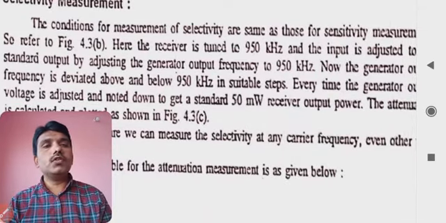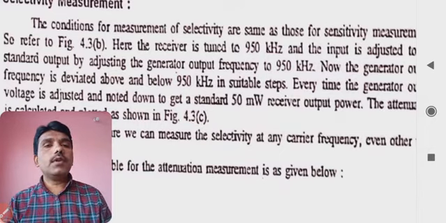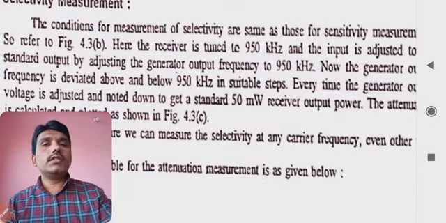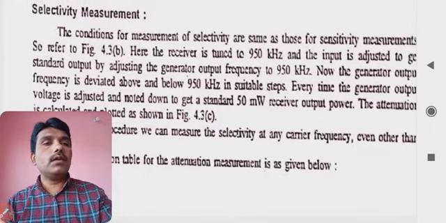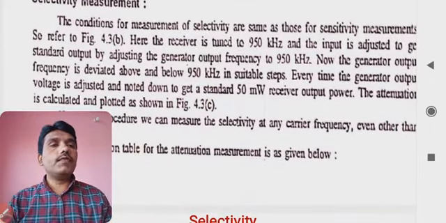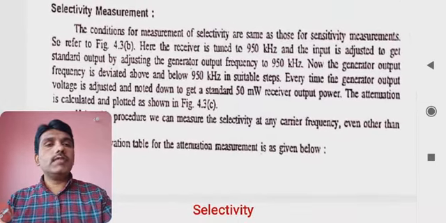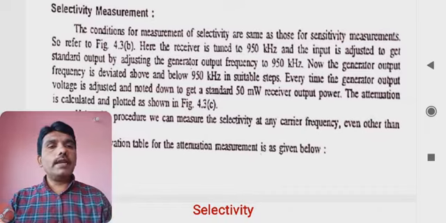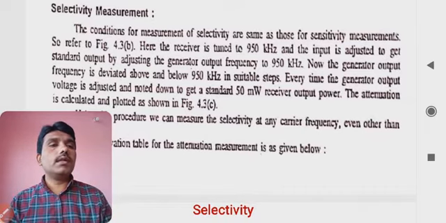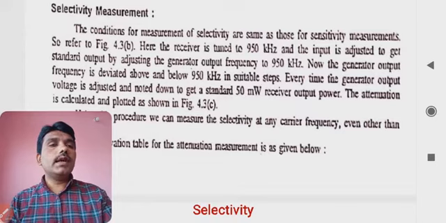The same circuitry is used, but the standard input is adjusted to the standard output with the generator output frequency at 950 kilohertz. Then the generator output frequency is deviated above and below 950 kilohertz in suitable steps, showing that rejection is maximum on the right and left sides of 950.